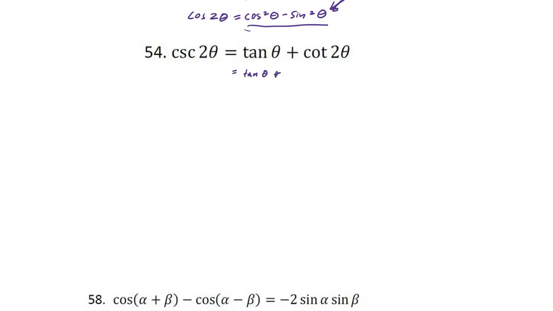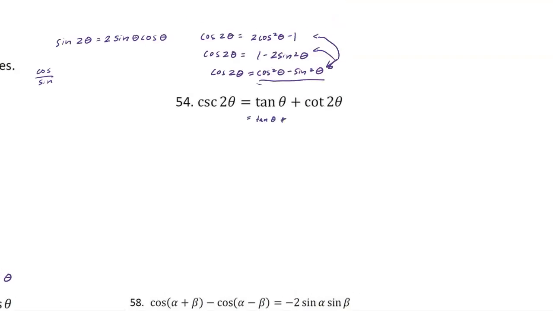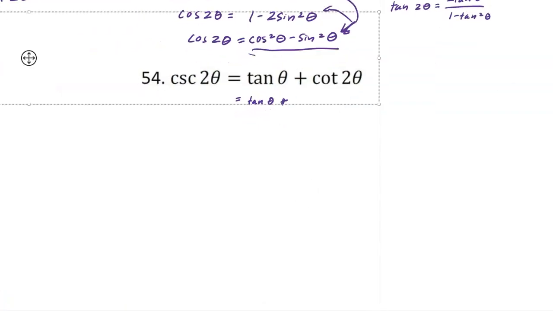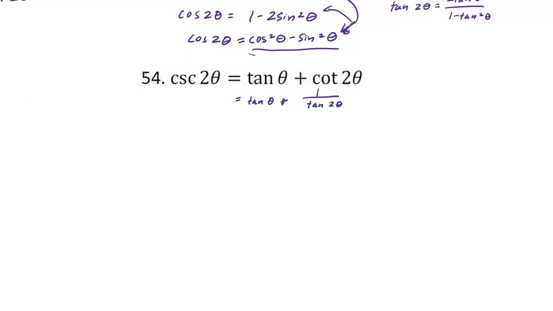Cotangent, okay, that comes from the double angle identity, which is tangent of 2 theta equals 2 tangent of theta over 1 minus tangent square theta. And if I take the reciprocal of that, it'll be the same thing. Okay, so I can take the reciprocal of it. Honestly, I could just flip that around and it'll just be cotangent. But to actually show you, I'm going to put 1 over tangent of 2 theta. We can include that step. Tangent of theta.